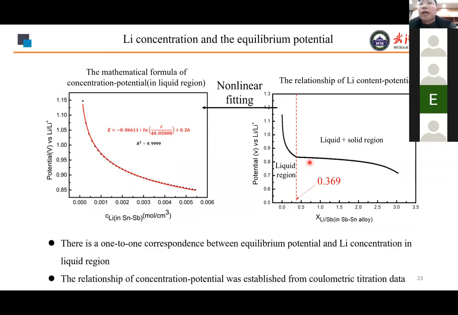From the coulometric titration test, we can get the relationship between lithium content and the equilibrium potential, and then the curve in the liquid region was fitted to obtain the mathematical formula of the lithium concentration with equilibrium potential. In this way, we establish the relationship between the surface concentration and the equilibrium potential.